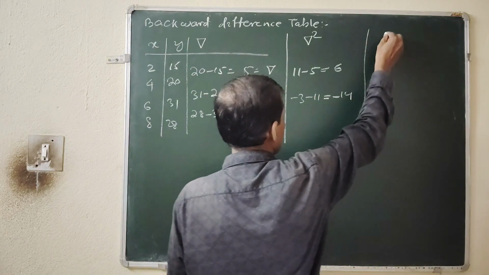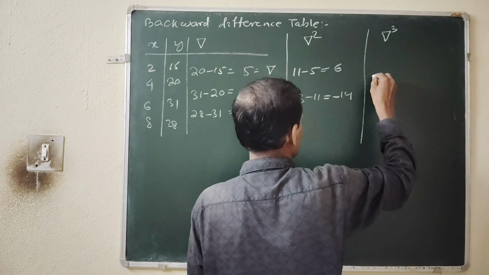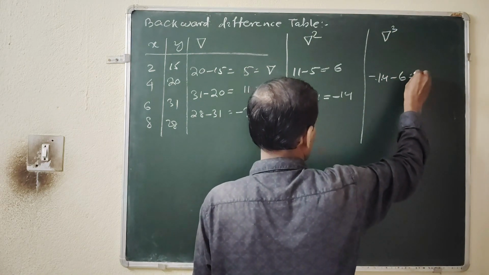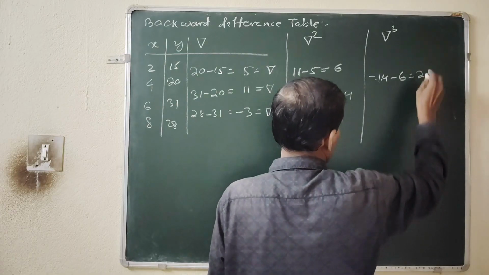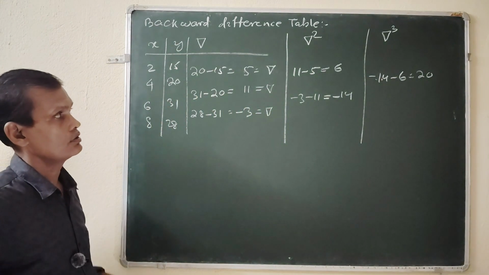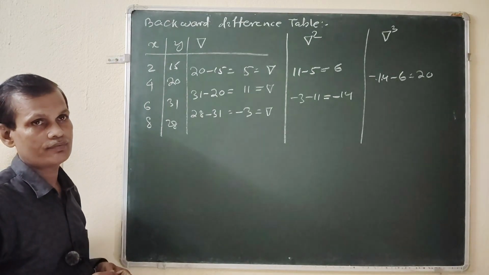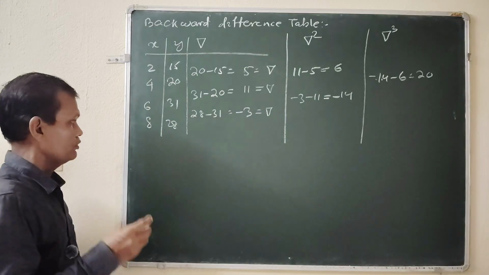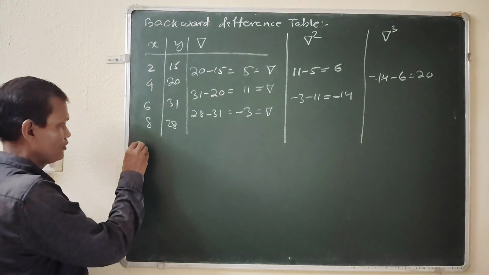Go for the third order: minus 14 minus 6 is minus 20. So this is the idea of how we formulate the backward difference table. Now we will discuss another thing, that is the shift operator.